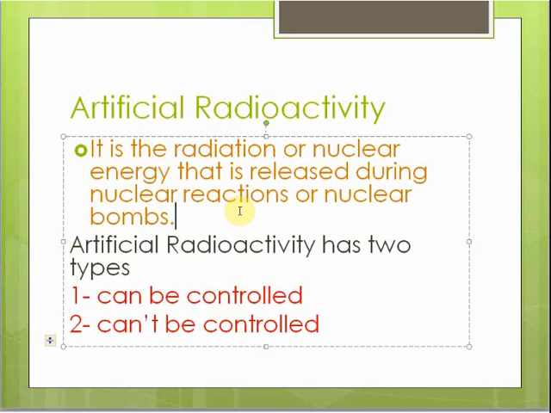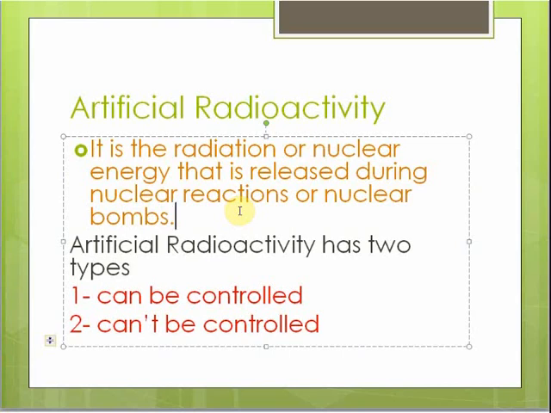Okay, so now we have two types of radioactivity: natural radioactivity, as the radioactivity phenomenon, and artificial radioactivity, which represents the radiations or the nuclear energy that is released during the nuclear reactions that occur in the nuclear reactors or the nuclear bombs that are used for military purposes.